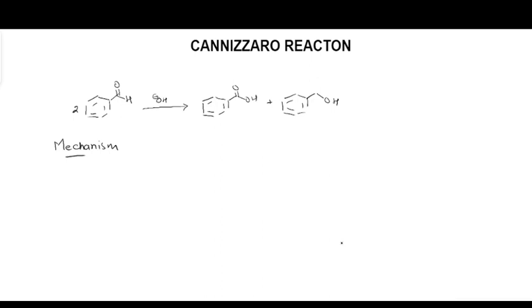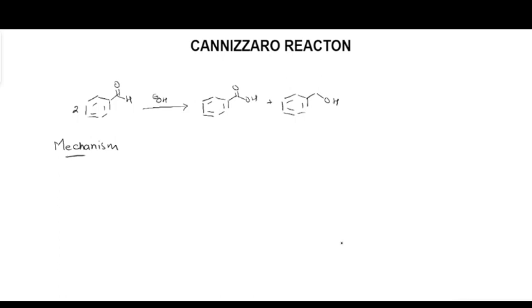So as I said earlier, Cannizzaro reaction is a disproportionation reaction of a non-enolizable aldehyde. So the prerequisite for Cannizzaro reaction to occur is the absence of alpha hydrogen.